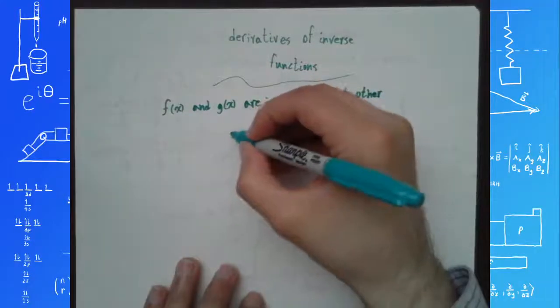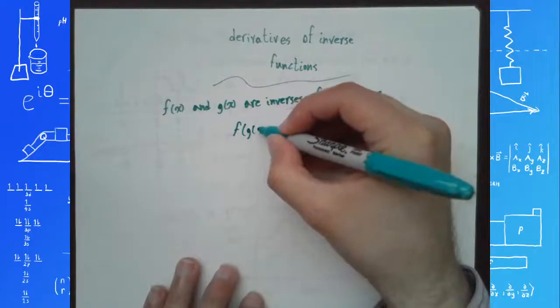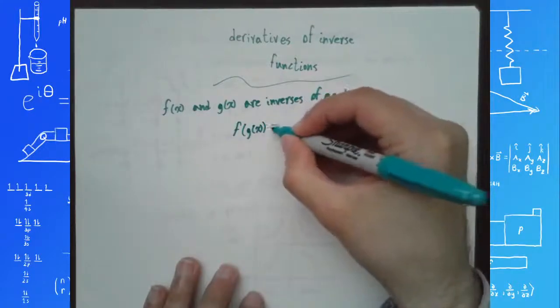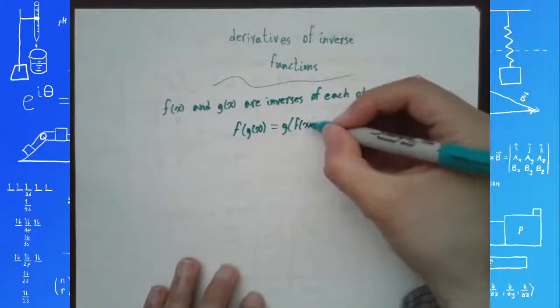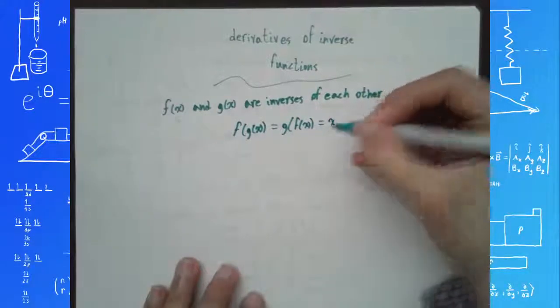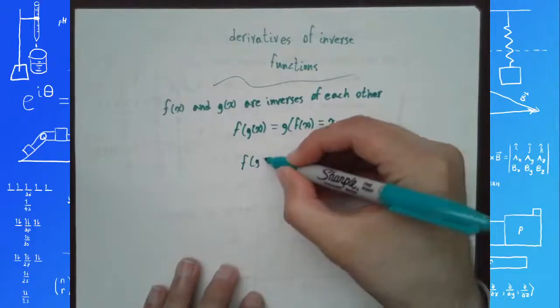Then that means you learned in pre-calculus that f of g of x equals g of f of x equals x. We'll just take that first part. So we'll take f of g of x equals x.